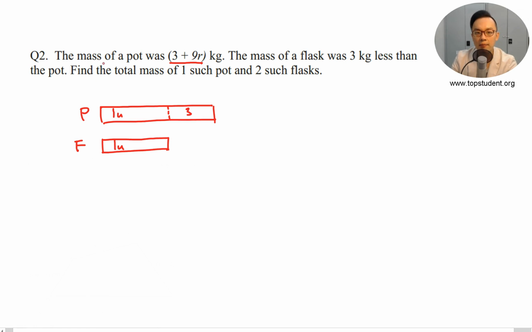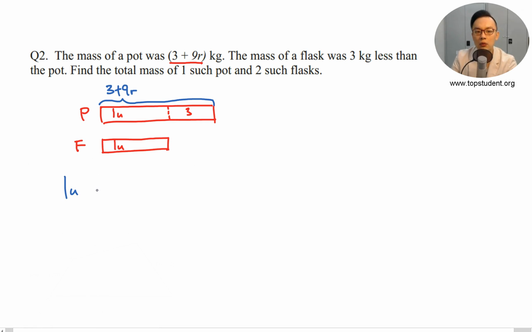So now I tell you the mass of a pot was 3 plus 9r kg. So what does that mean? So the mass of a pot is basically this mass is 3 plus 9r kg. So if I know that this entire thing is 3 plus 9r, can I find my 1u? All right, I can.